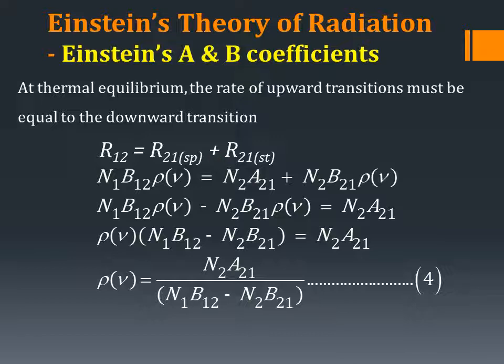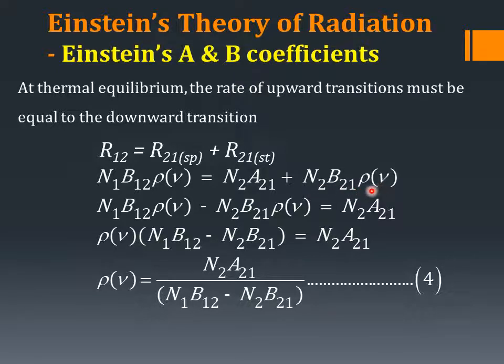We now substitute for the rate of absorption as N1 B12 rho of nu, the rate of spontaneous emission as N2 A21, and the rate of stimulated emission as N2 B21 rho of nu.